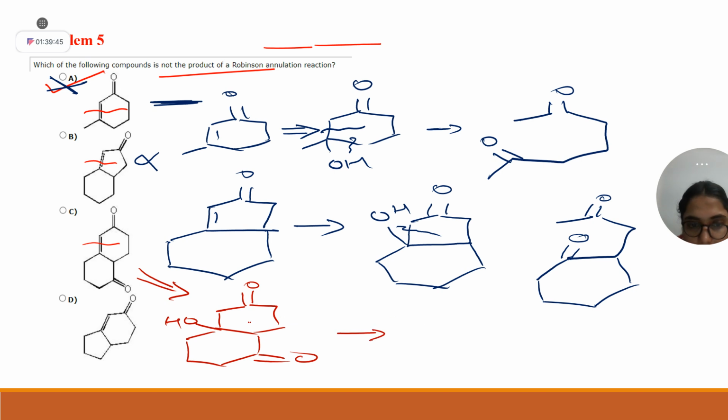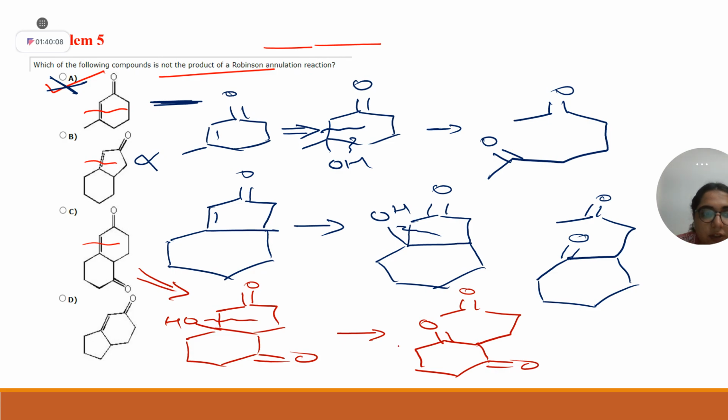Bond disconnection, CO. Just draw in a similar fashion in order to avoid any confusion. And double bond O. And it can form the product, right? 1, 2, 3, 4, 5, 6. It is also possible, students.